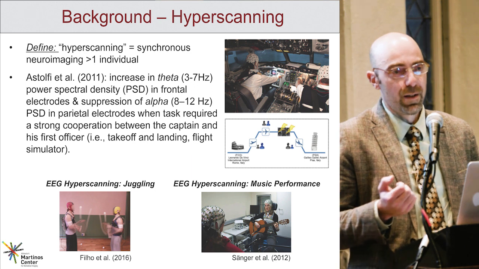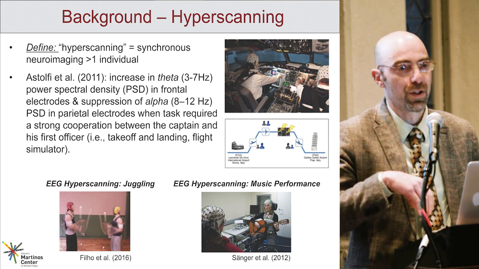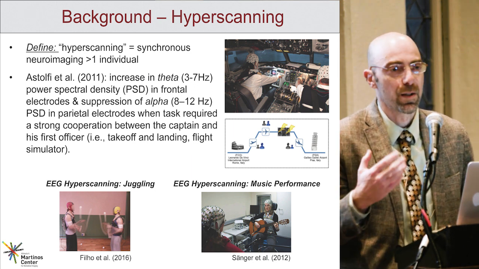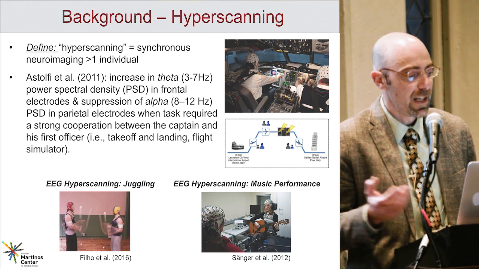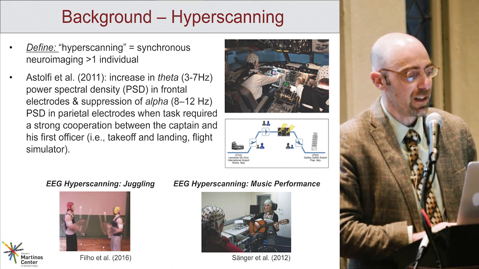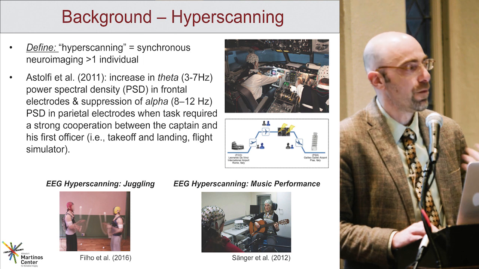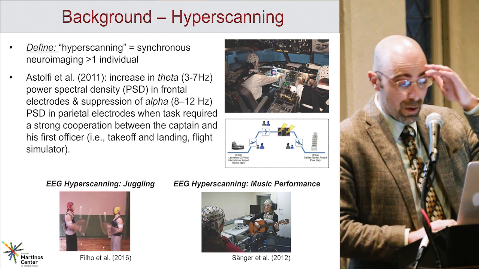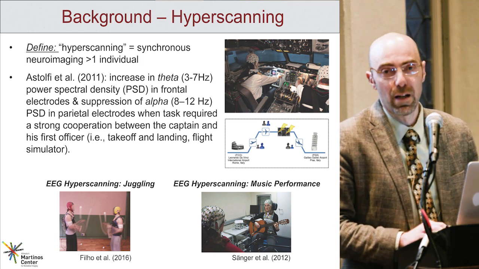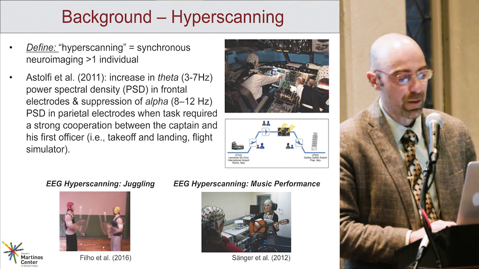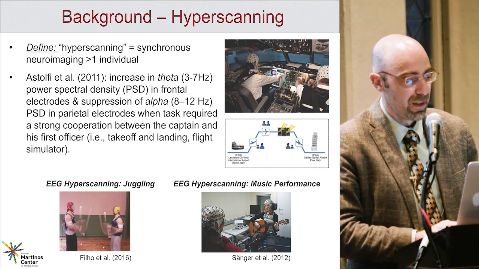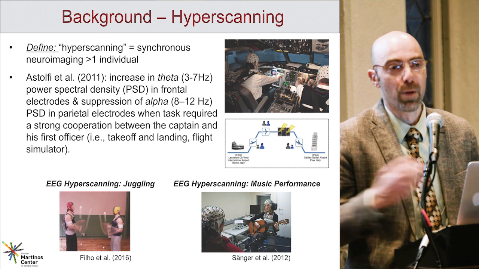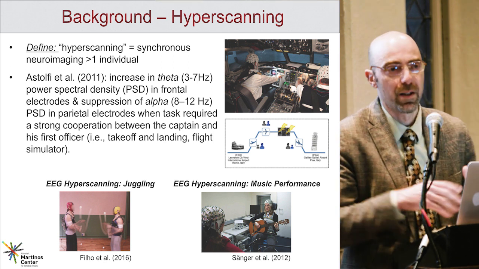So one approach to looking at two-person or even multi-person interactions is something called hyperscanning. The definition of hyperscanning is the synchronous neuroimaging of more than one individual. This has been done with EEG, I would say most commonly, electroencephalography. So this was a group in Italy that was looking at airplane pilots. They had the chief pilot and the co-pilot.